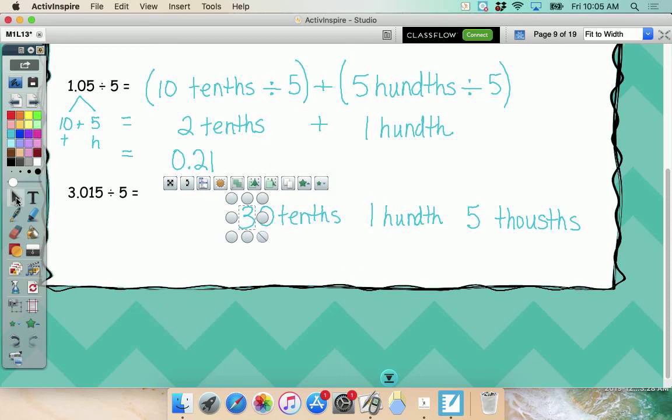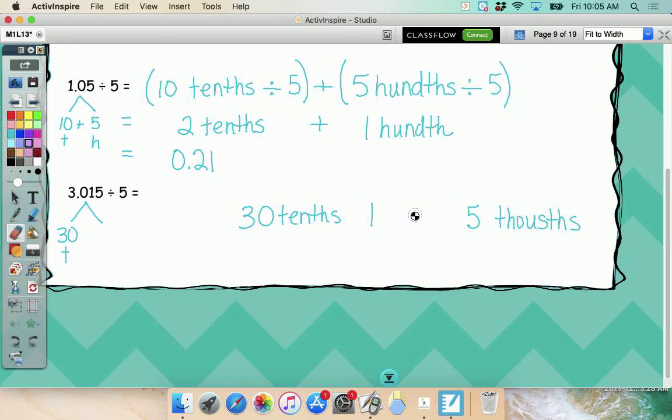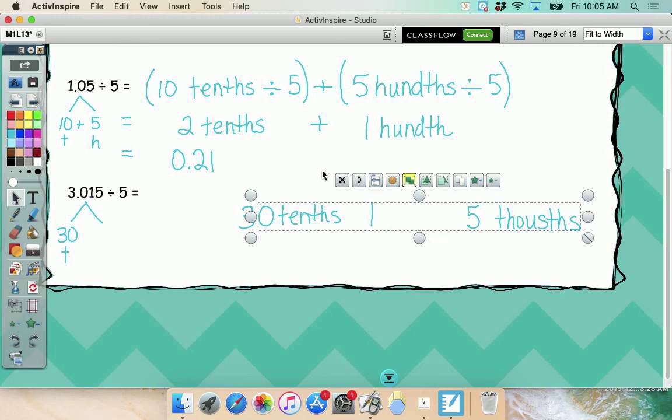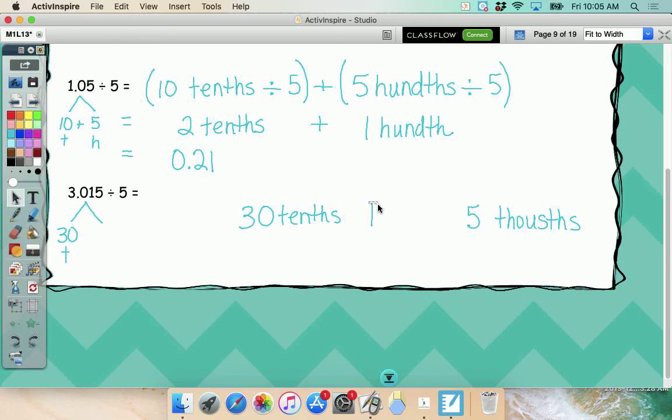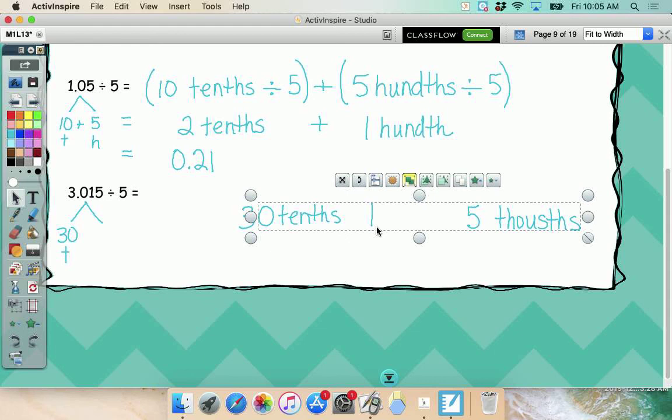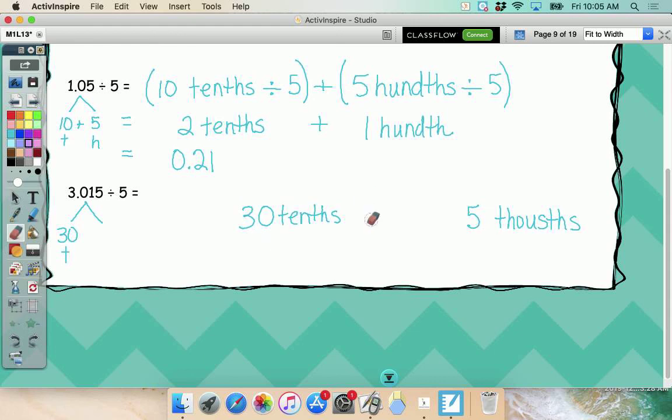Okay, so let's look at this. I moved the 30 over to the 10th place, so that means I'm going to decompose here and write 30/10. And over here, if I take out the hundredths and move the 1 over, and I don't think it's going to work, so I'll have to erase the 1, move it over.